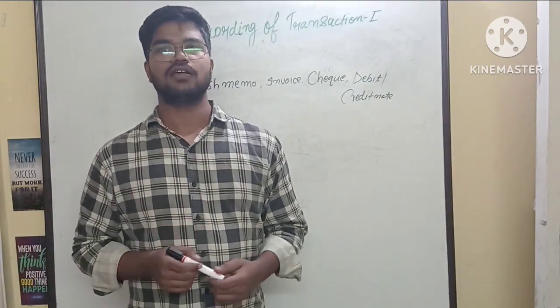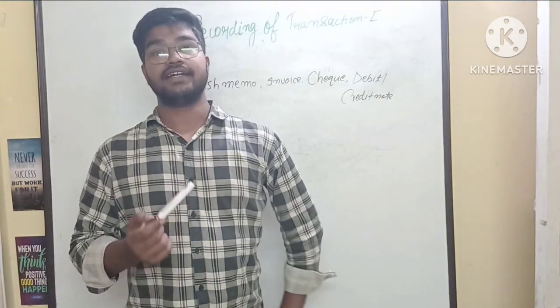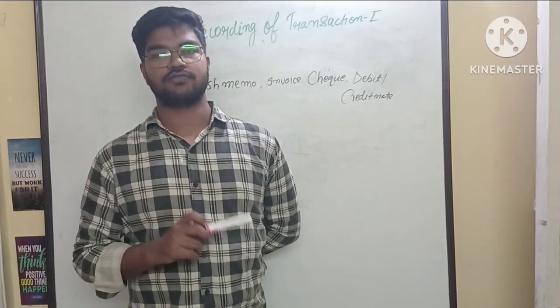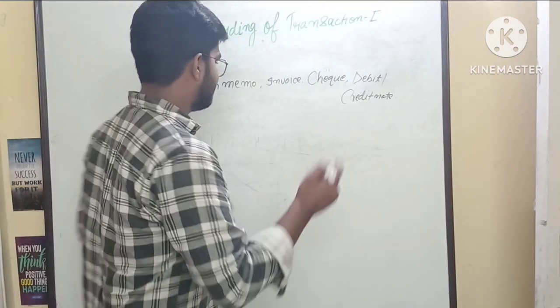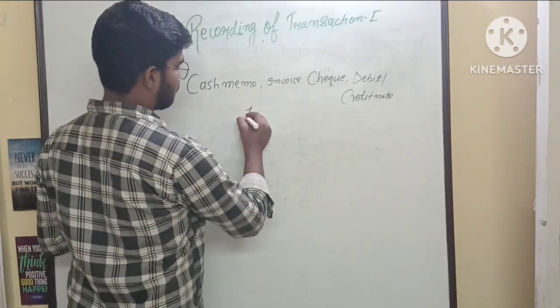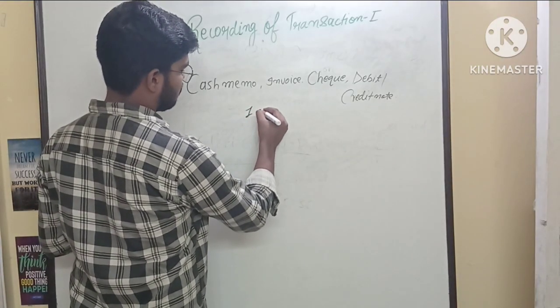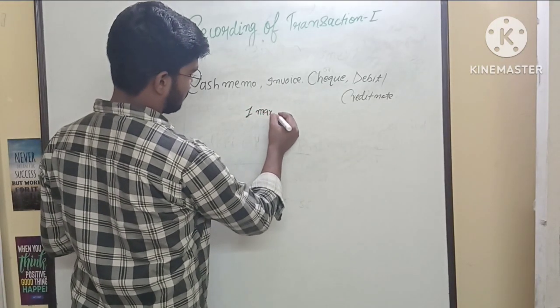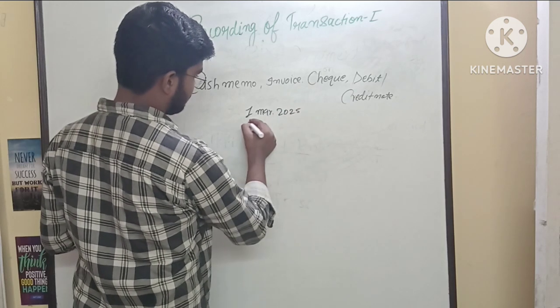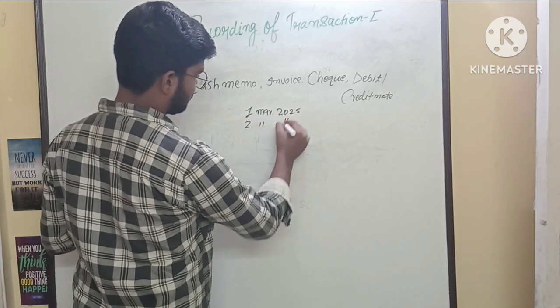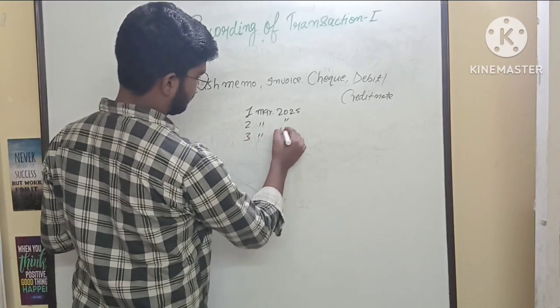For example, if I record my transactions in the month of March, they would start from 1 March 2025, then 2 March 2025, 3 March 2025.